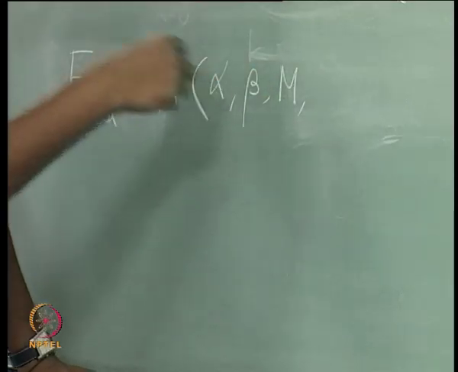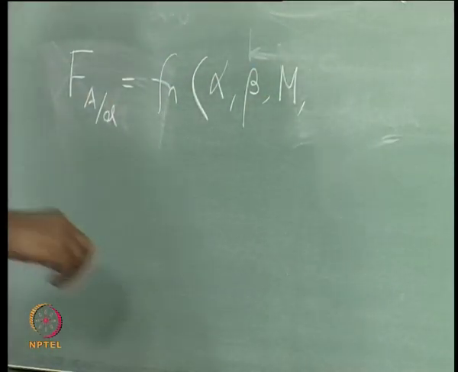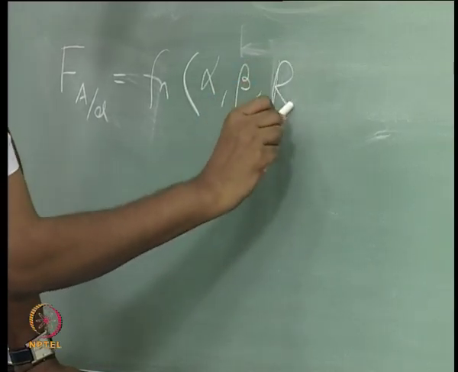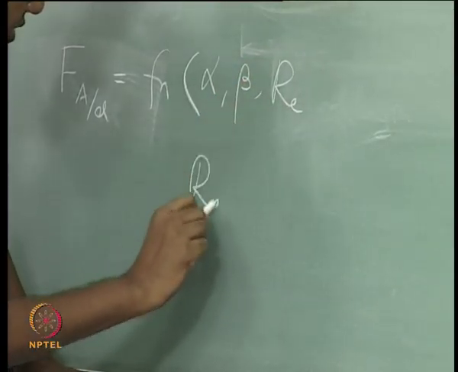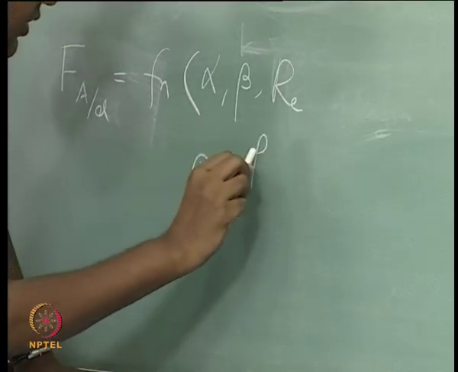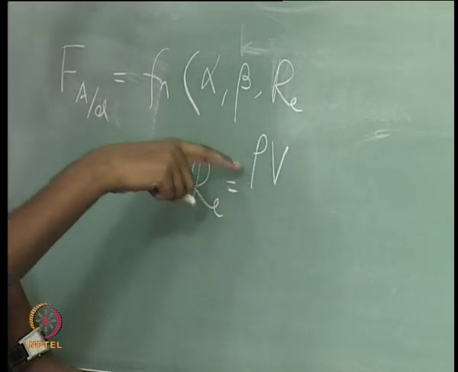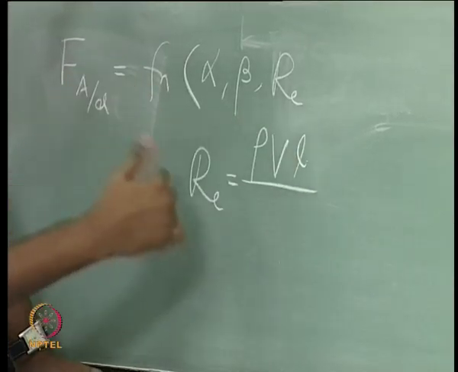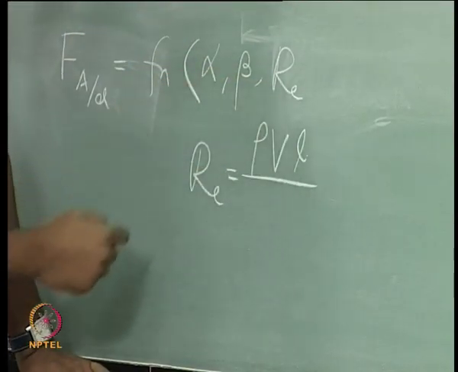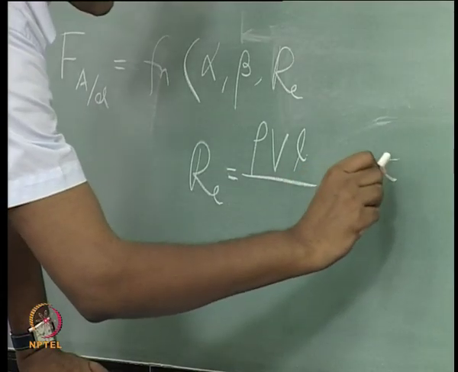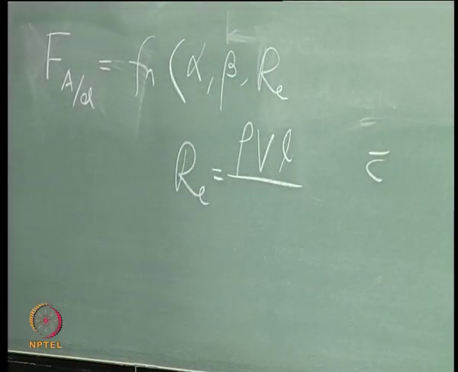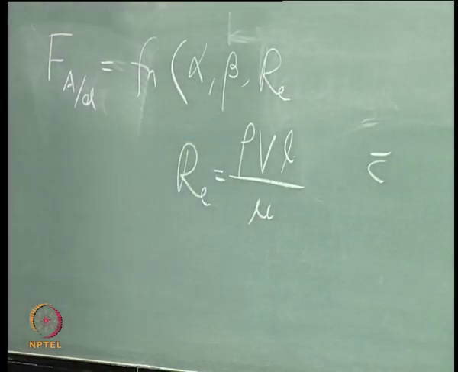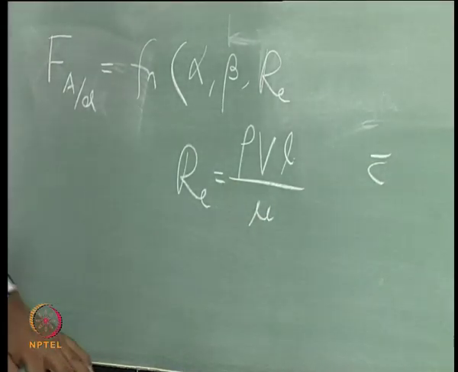If you want to include also the compressibility factor with the Mach number, then you are talking about what is called Reynolds number. Reynolds number is defined as the density into the speed into L, which is a characteristic length. In the case of airfoil, this L could be taken as the mean aerodynamic chord, and the viscosity of the fluid.